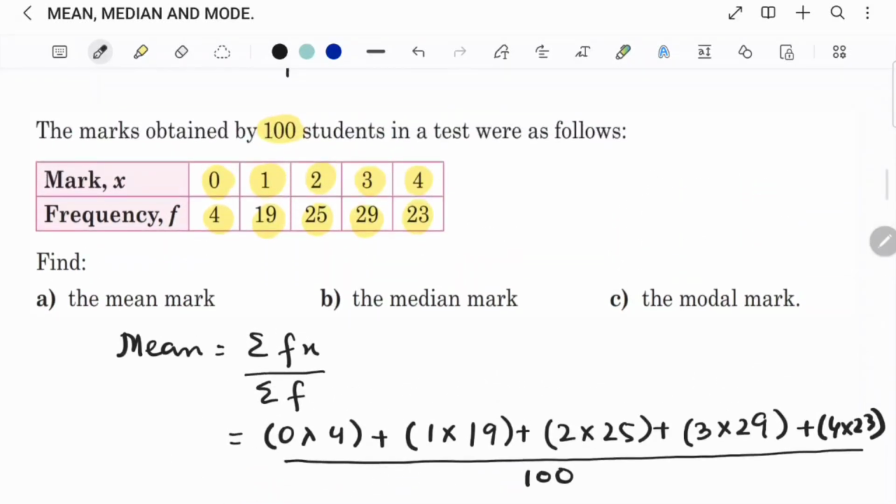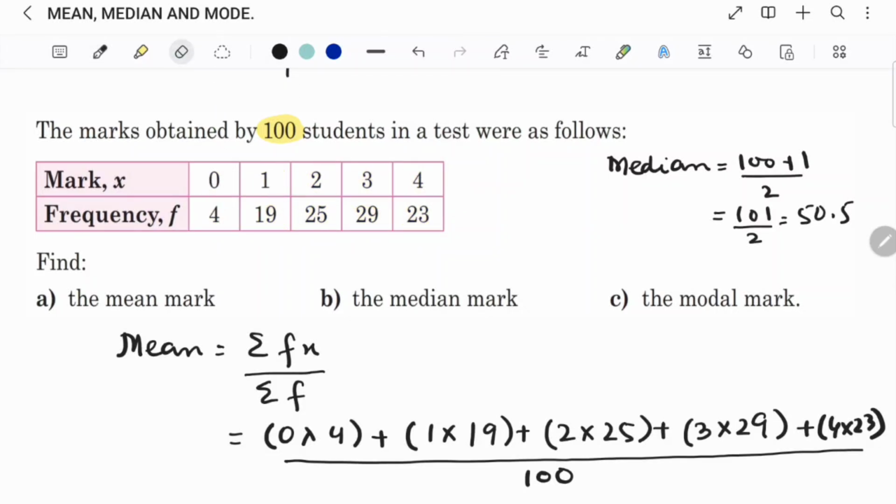All right, so for the median, remember, whenever you solve the question, you will find the cumulative frequency. Combine the frequency to find out where your center number is. Median is 100 plus 1 upon 2, that is equal to 101 upon 2, which is equal to 50.5. So we'll have to look in this data where the 50.5 value is lying.